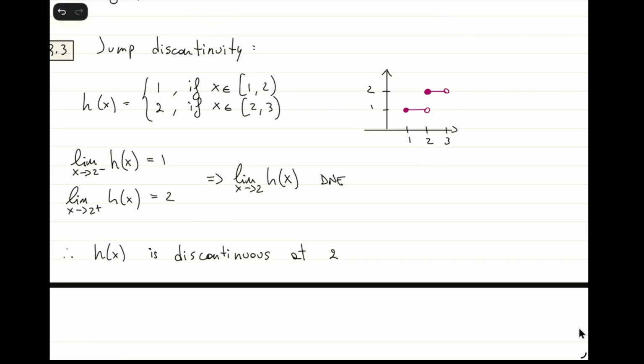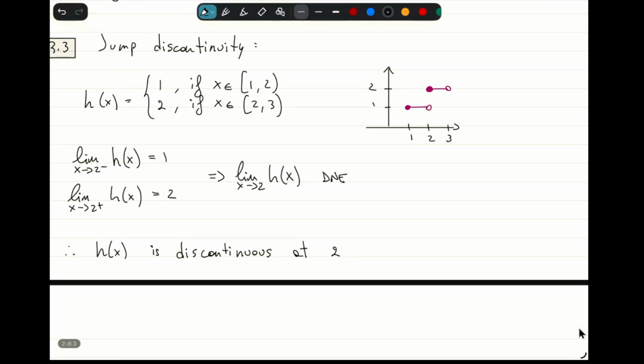There is this concept which you should probably know, which is the concept of continuous from the right or continuous from the left. Well, if we just look at this interval here, we can see that our interval for this section right here will be 1 and 2.